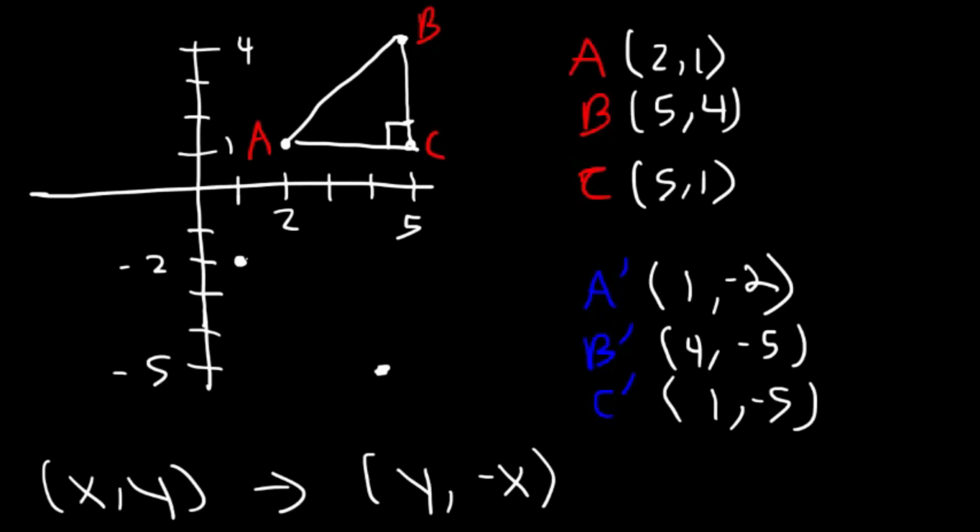And the next point's at 1, -5. So this is the image that we now have. So this is A, B is at 4, -5, and this is C. So as you can see, we've rotated it 90 degrees clockwise.